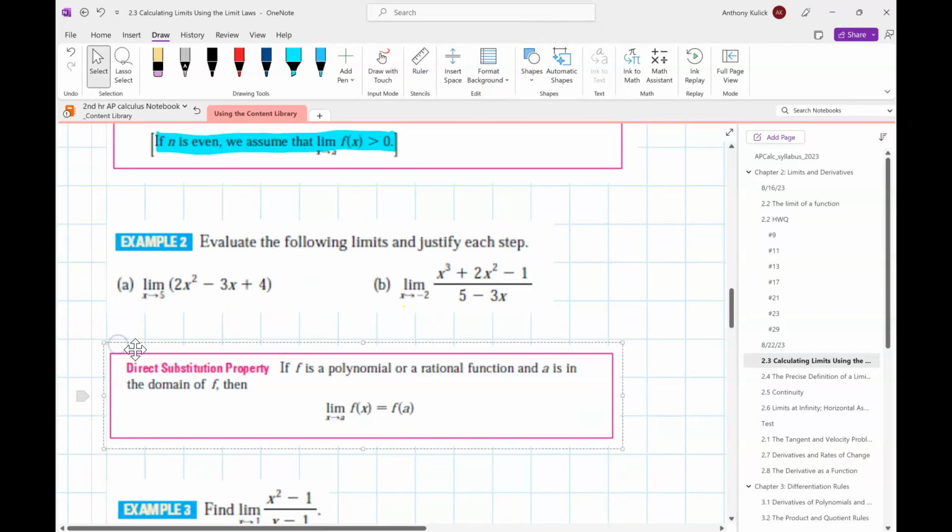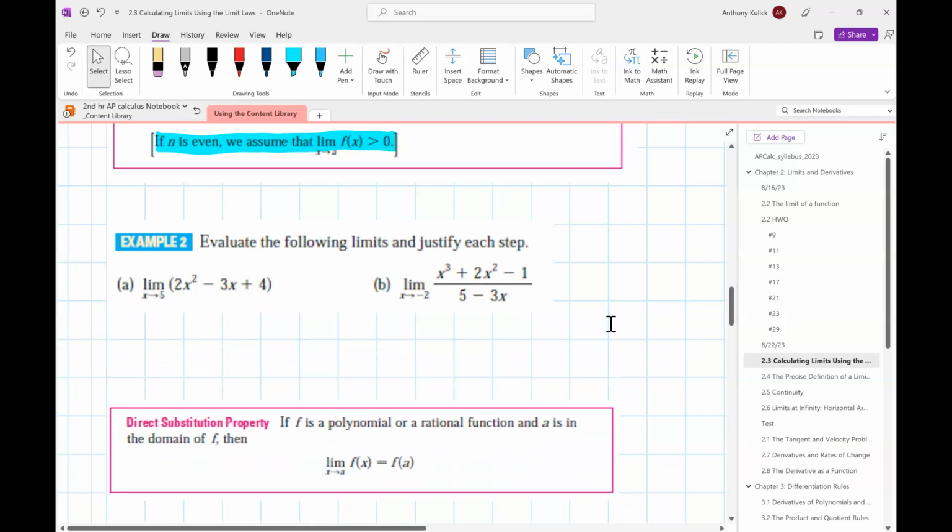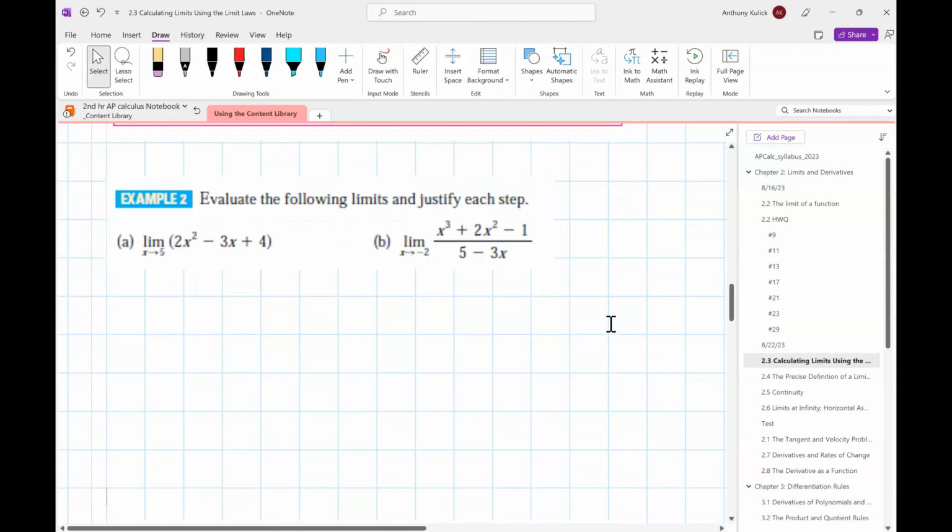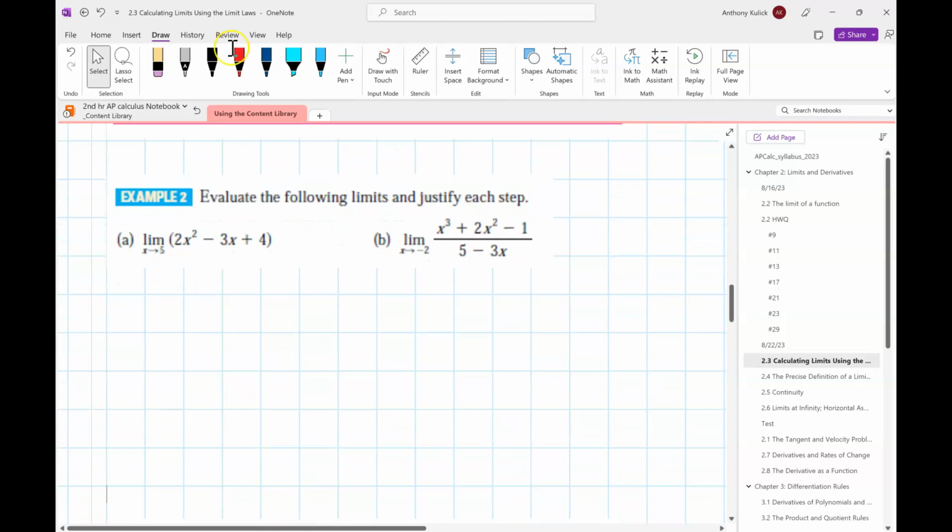So here in our next example, it says evaluate the following limit and justify each step. Let's just do one of these, because quite frankly, I don't want to do both of them, since it's a lot of step writing.